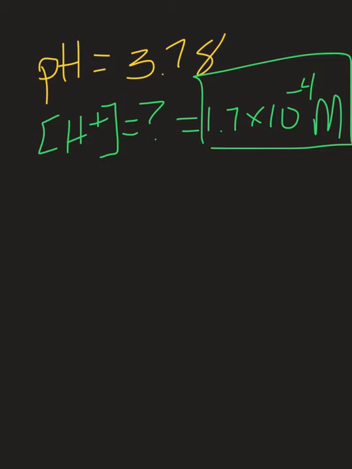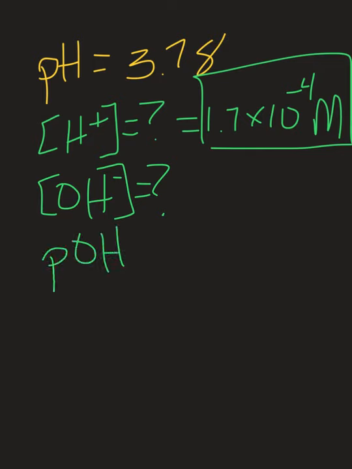So we've solved for hydrogen ion concentration. Now let's say the problem wants you to find the hydroxide ion concentration. How do we do that? Well, we can't do that until we first know what the pOH is. Okay, and that one's fairly simple. Remember, if we add up the two, what number do they equal?